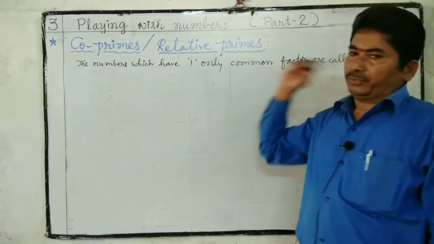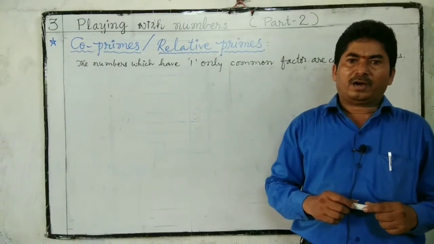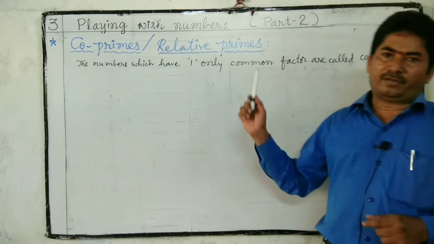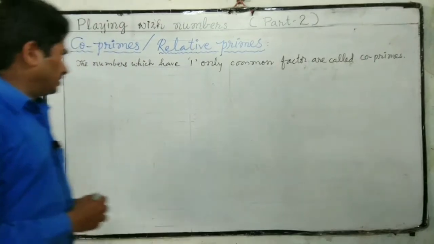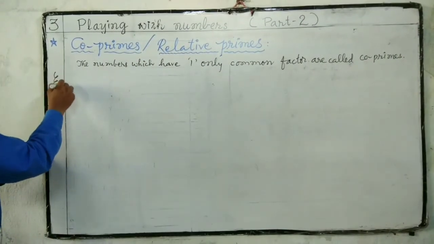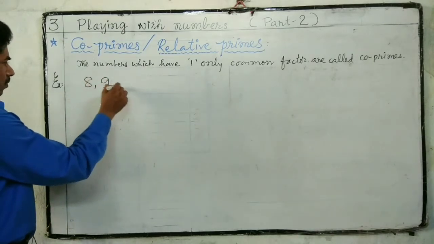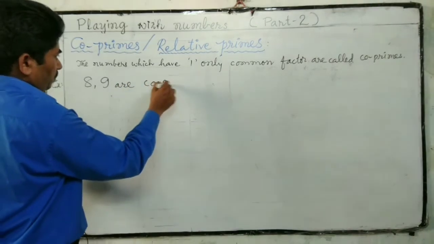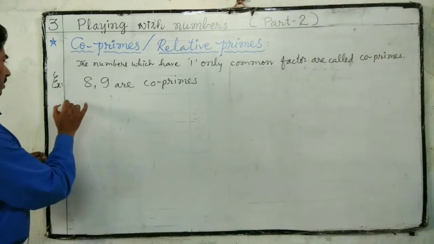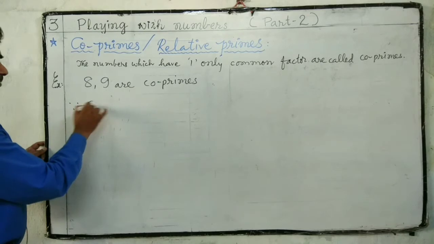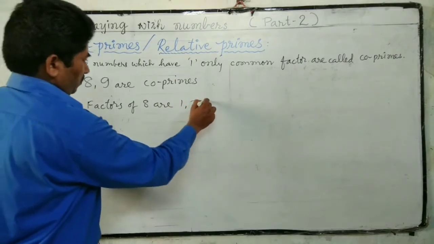Co-primes are relative primes. The numbers which have only one common factor are called co-primes. Another name for co-primes is relative primes. Let us see a few examples. 8 and 9 are co-primes because factors of 8 are 1, 2, 4, 8.